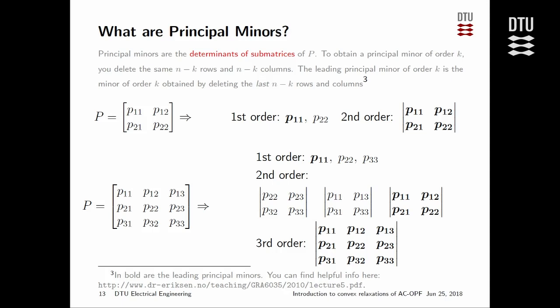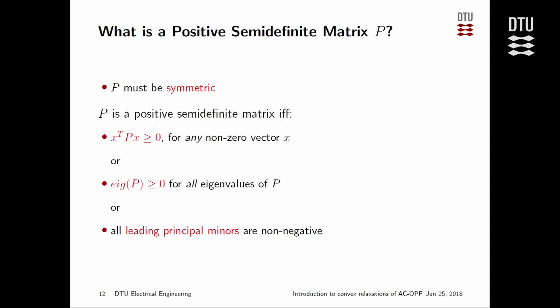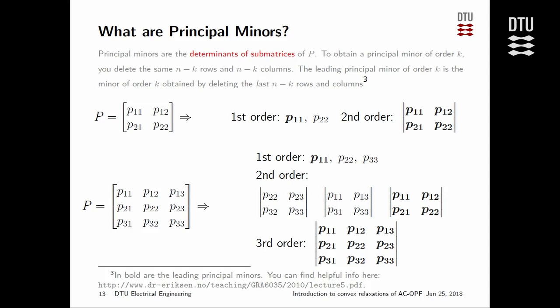So by definition, for a 2x2 matrix, when is this positive semi-definite? The definition says that all leading principal minors must be non-negative. So let's suppose that it is symmetric, right?